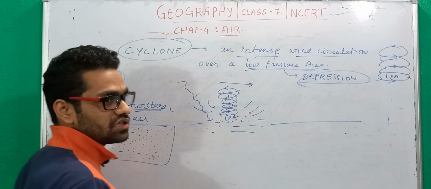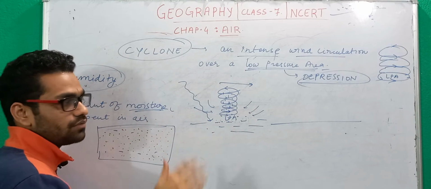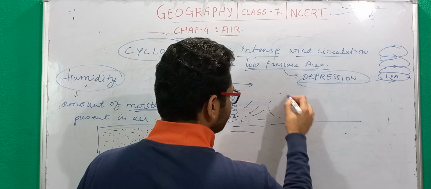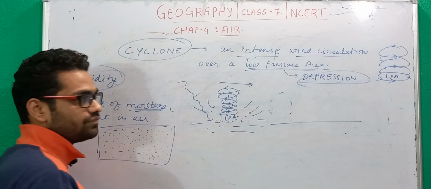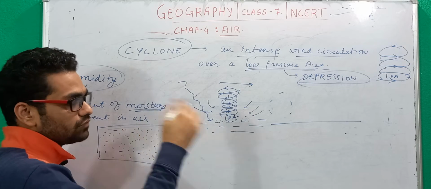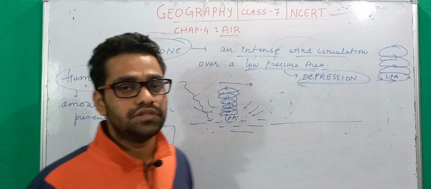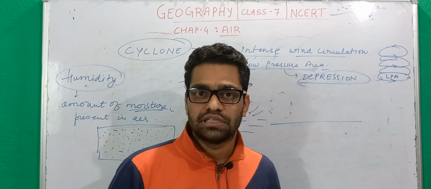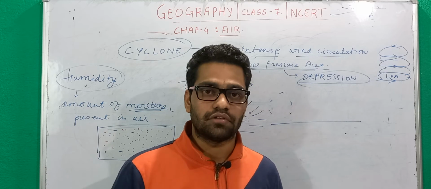So the evaporation that was taking place and the energy it was getting has stopped. You will find that the speed with which the wind was flowing has reduced, and because of this reduction in wind speed, the cyclone after some time comes to an end with a heavy amount of rainfall.